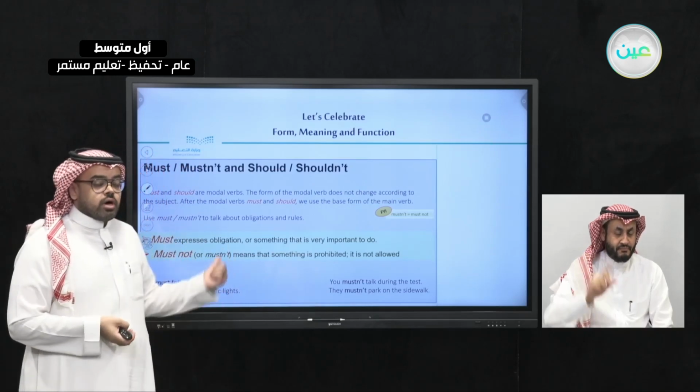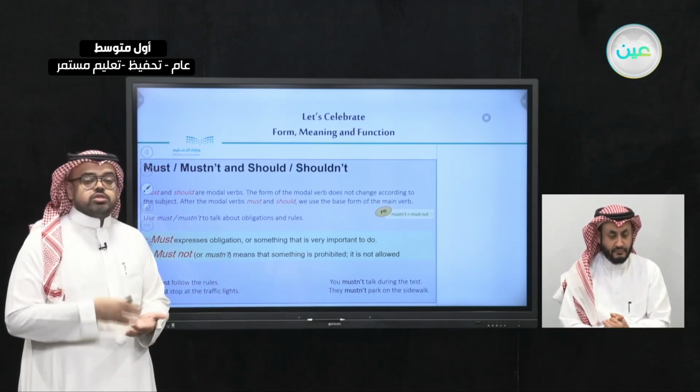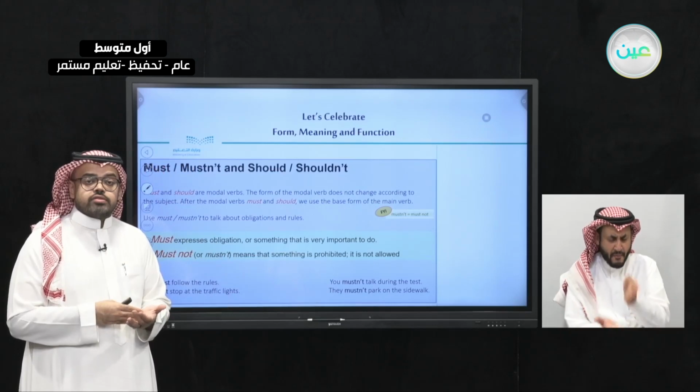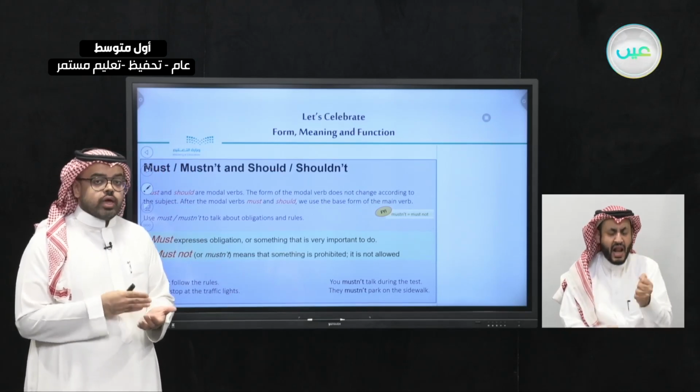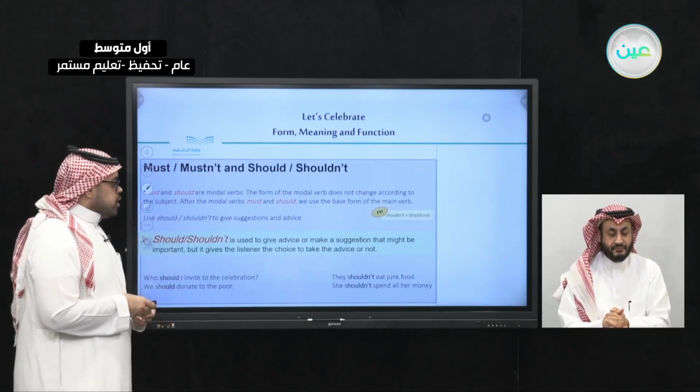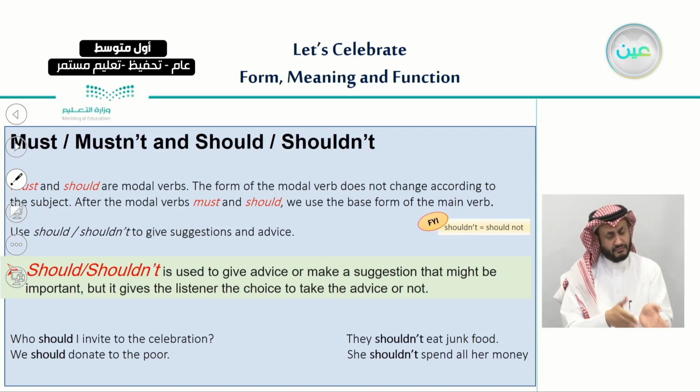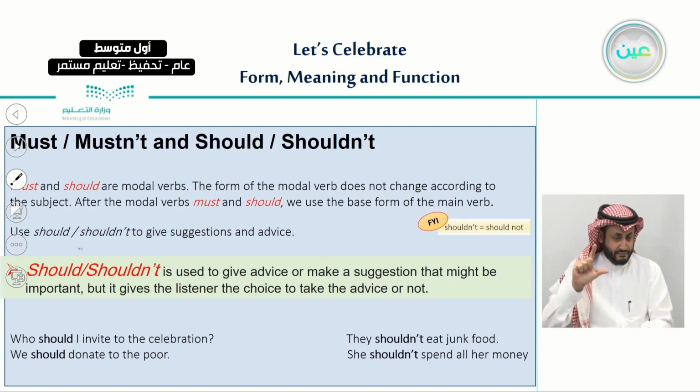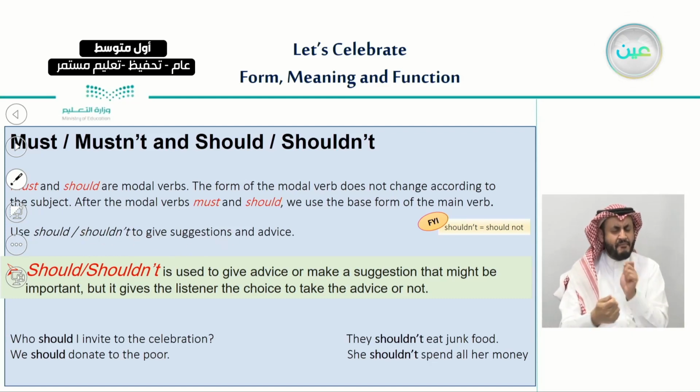So again, must is all about obligation, all about rules and the things that you need to follow and you need to obey. Now, let's talk about should. Should here is lighter than must, so we use should to give suggestions and advice.